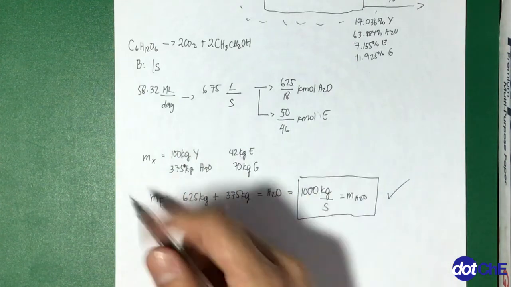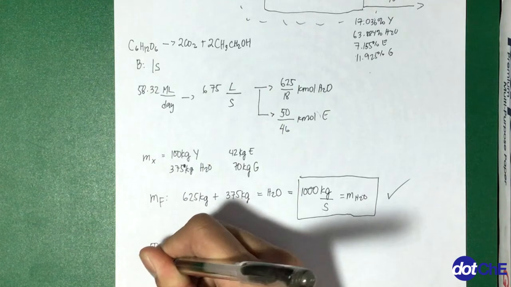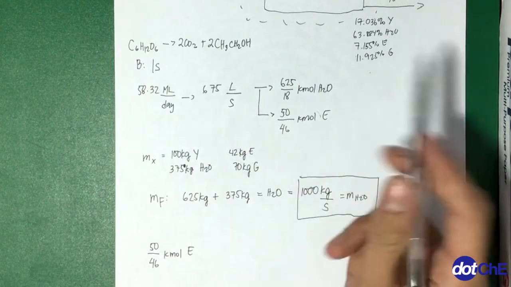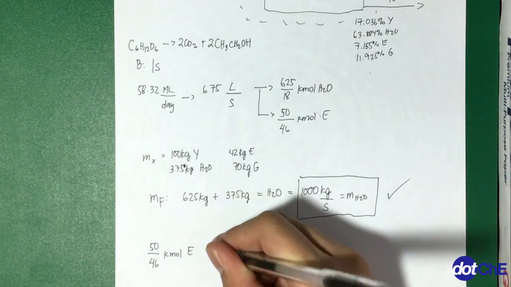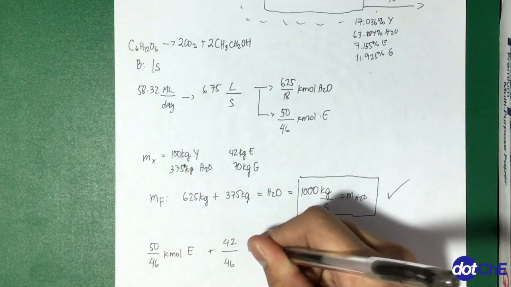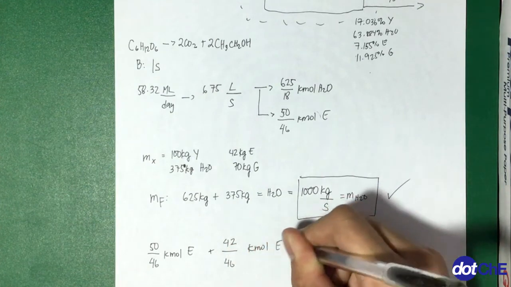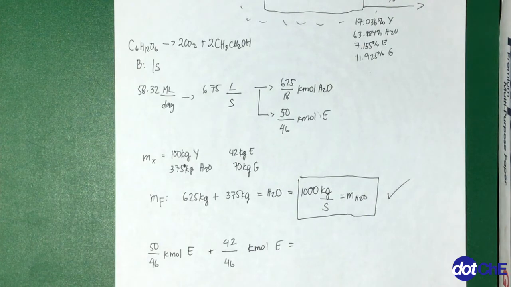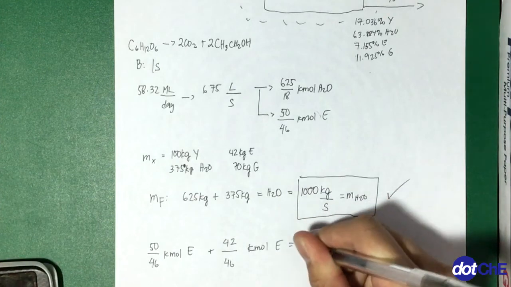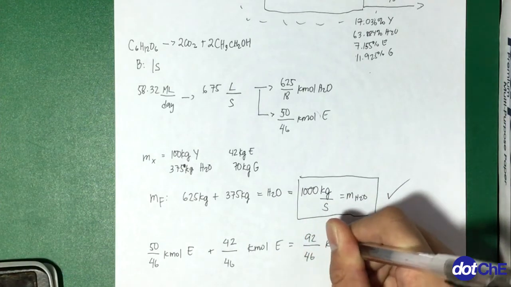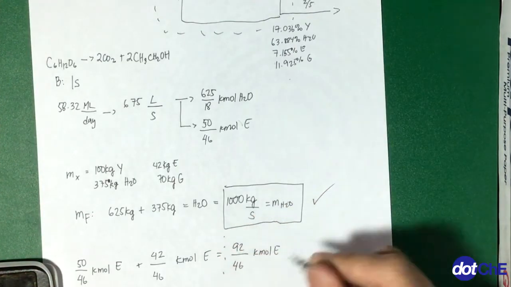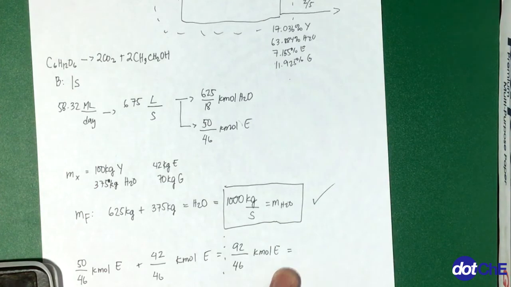So we know that there is 50 divided by 46 kilomole of ethanol in the alcohol stream, and in the purge stream we have 42 over 46 kilomole of ethanol, which gives us approximately 50 plus 42, 92 over 46 kilomole of ethanol.